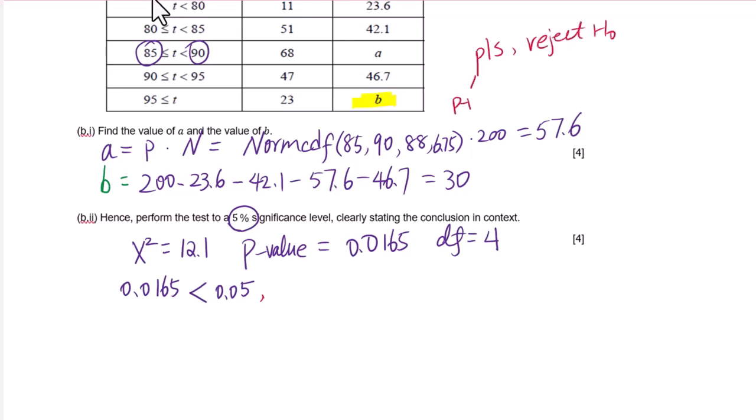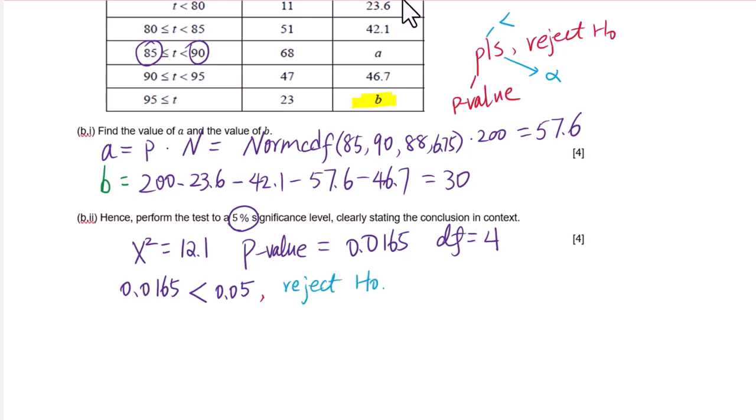P-value less than alpha, reject H0. We got 0.0165 is less than 0.05. Reject H0.